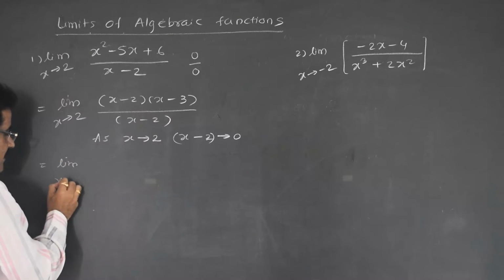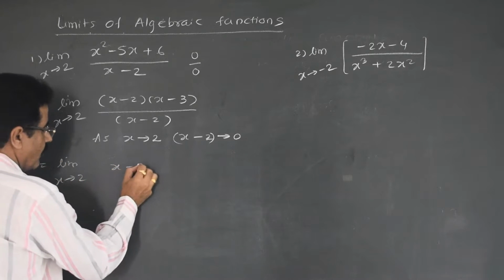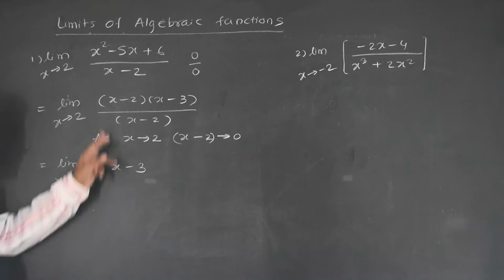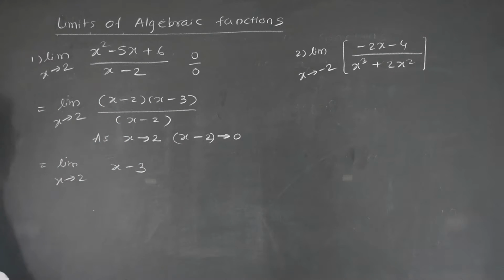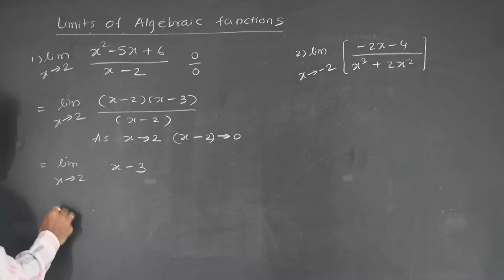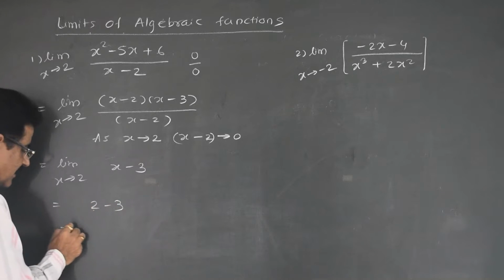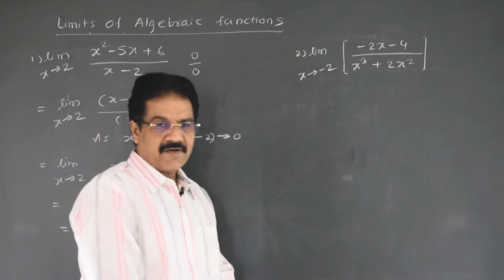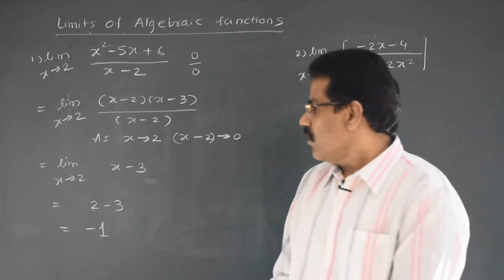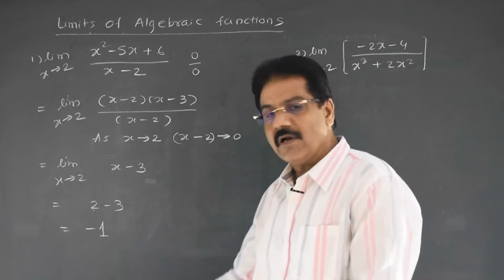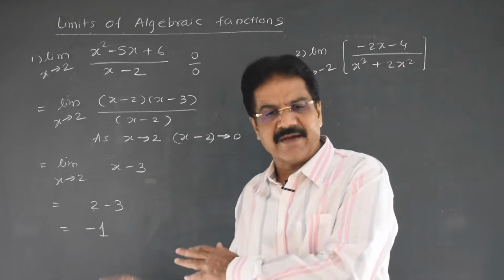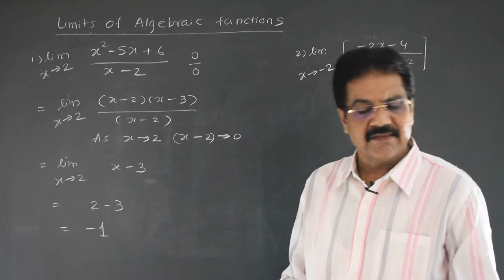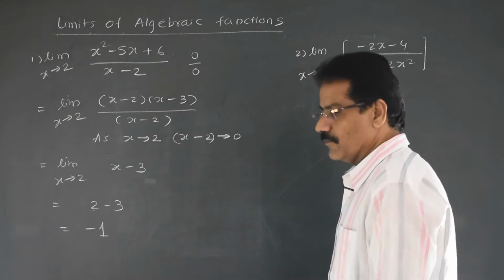Limit as x tends to 2, and here we can write x minus 3 because the two brackets are cancelled, and now we are in a position to put the value of x as 2. So 2 minus 3, and we get the limiting value as minus 1. So whenever x is tending to 2, the value of the function is as good as minus 1, not exactly minus 1, and this itself is called the limiting value.